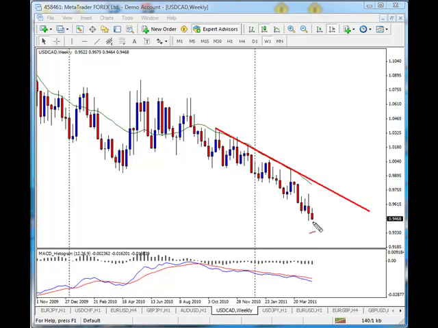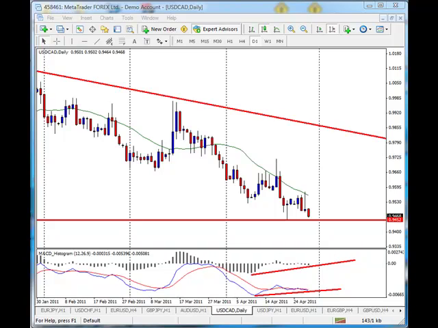This is a weekly on it. As you can see, very strong bearish, and nothing much to see except that we're below this 20-day moving average, below the trend line, and forming another strong bearish candle. Right, on our daily, we are getting some divergence on the MACD.